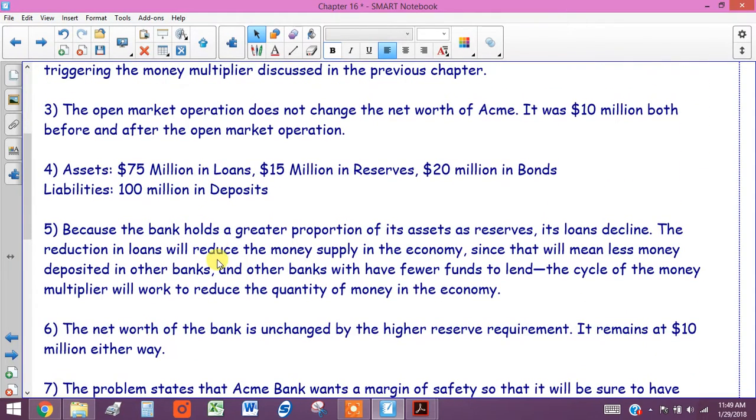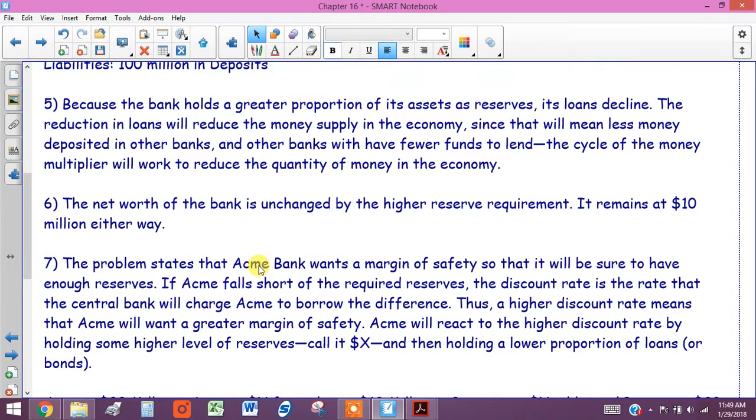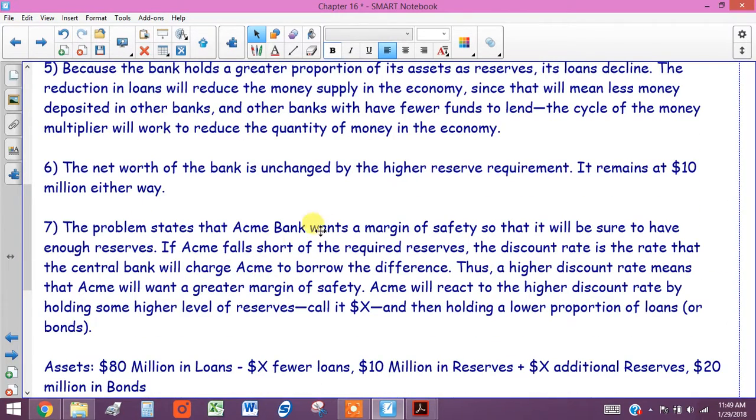Let's jump back down here. Where are we here? If Acme Bank wants a margin of safety, so that it will be sure to have enough reserves, then if they fall short, the discount rate is the rate that the central bank would charge to borrow the difference.